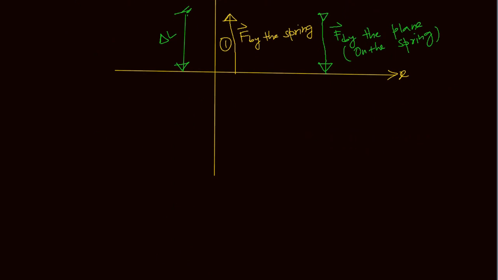Now Hooke's law states force is equal to minus K delta L. So F is a vector, K is a constant, this is your spring constant, and this is the deformation.